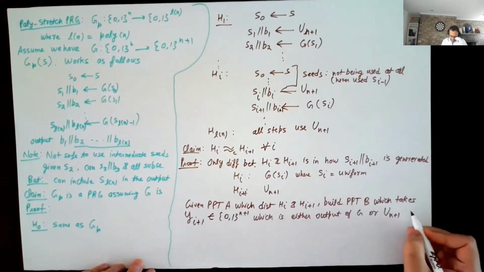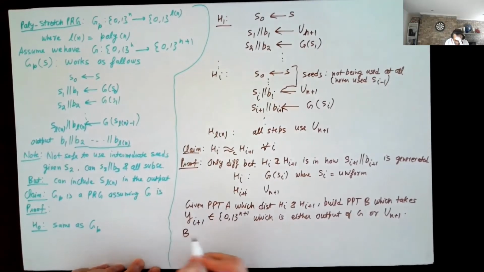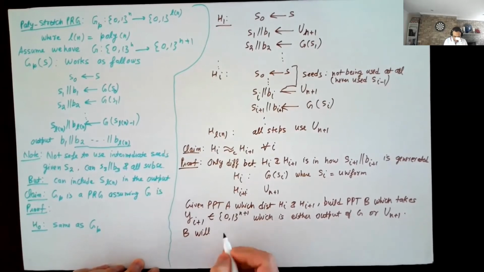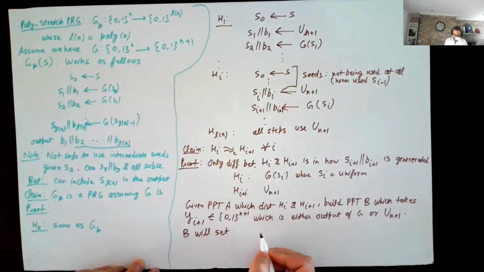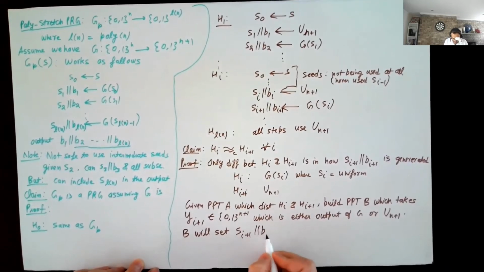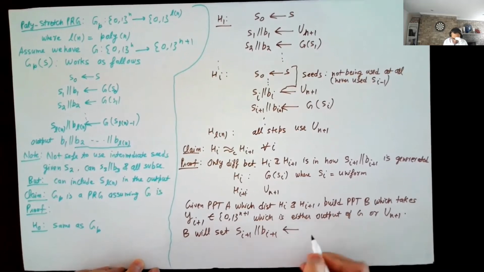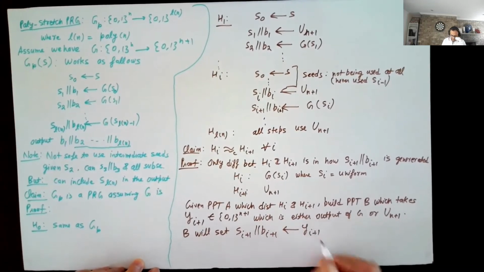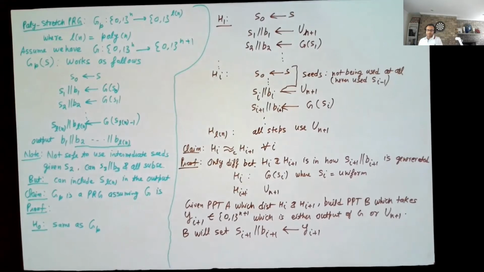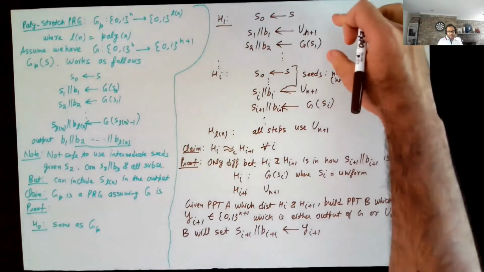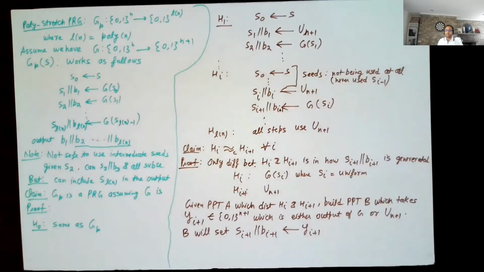And B will set Si plus 1 concatenation Bi plus 1 to be Yi plus 1. Right? Everything else is as before. All the previous seeds, they are uniform. All the subsequent seeds, they are generated by applying a PRG. Okay? So now B will set this.